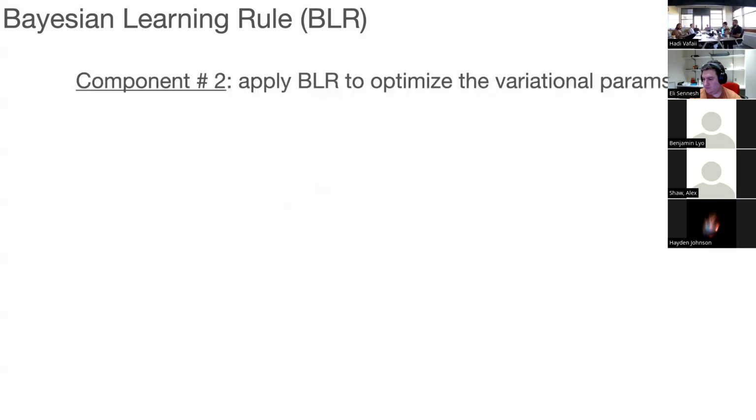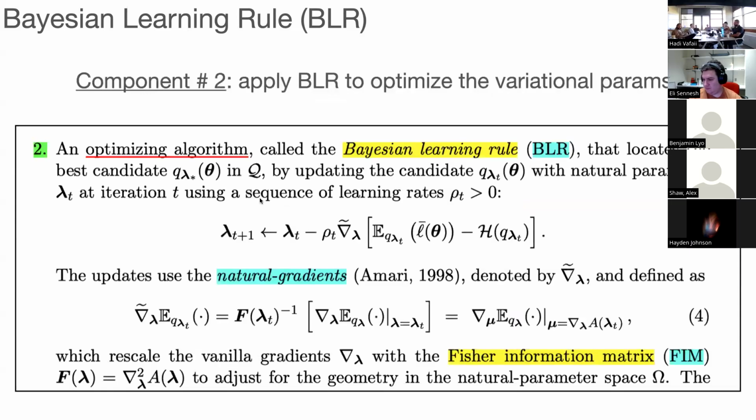Let's move on. Next component: you chose your approximate posterior, what do you do with it? You apply this optimizing algorithm, which they call the Bayesian learning rule. It's just saying, look, just optimize that, generalized variational inference, generalized ELBO, using natural gradients, which is defined here.